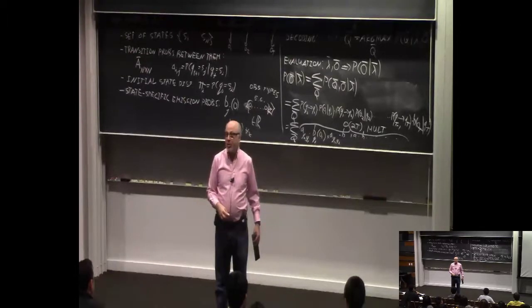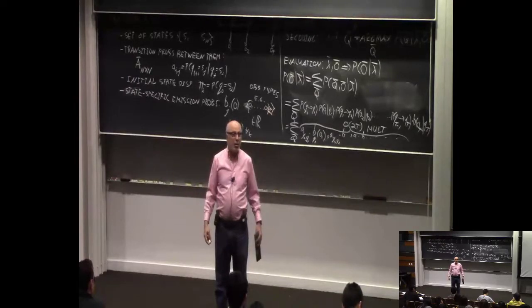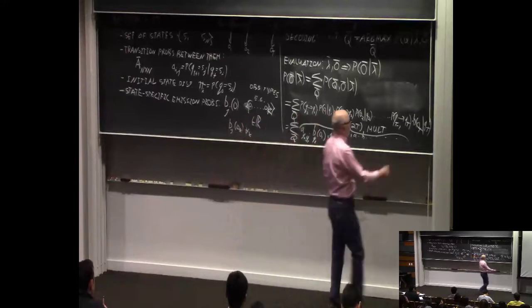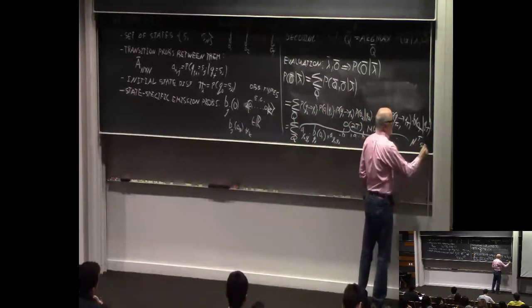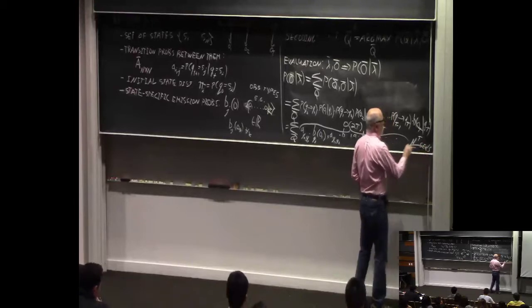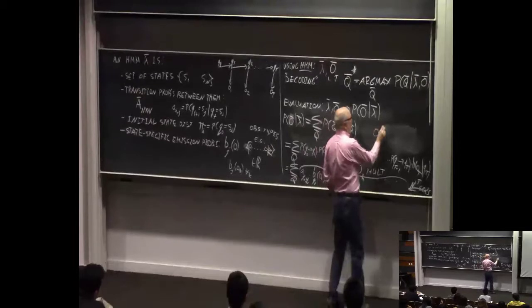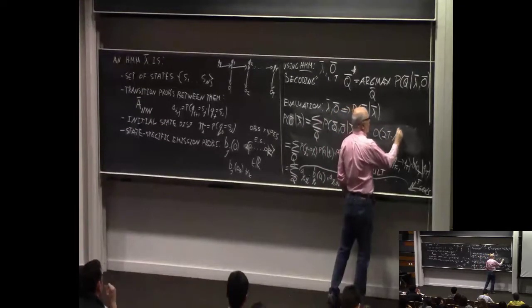How many state sequences can there be of length uppercase T? N to the power of T. N to the power of T sequences. So the overall computation required is order 2 times T times N to the T.